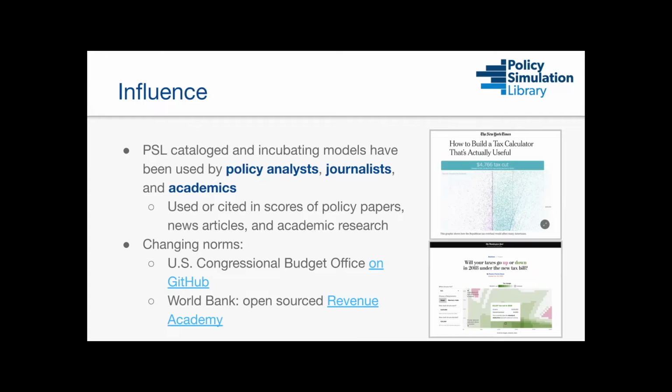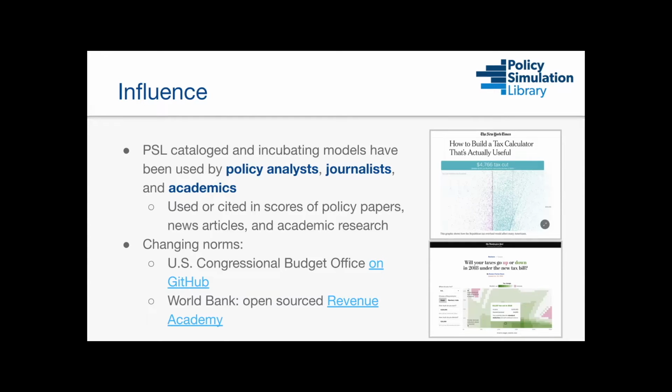What's really interesting about those two news articles is that they didn't just take results or cite results of some researchers or of a think tank. Those journalists actually used the source code for these models along with their own data and conducted their own analysis. And then it was shared with readers of the New York Times in an interactive way, or readers of the Washington Post in an interactive way on their website.